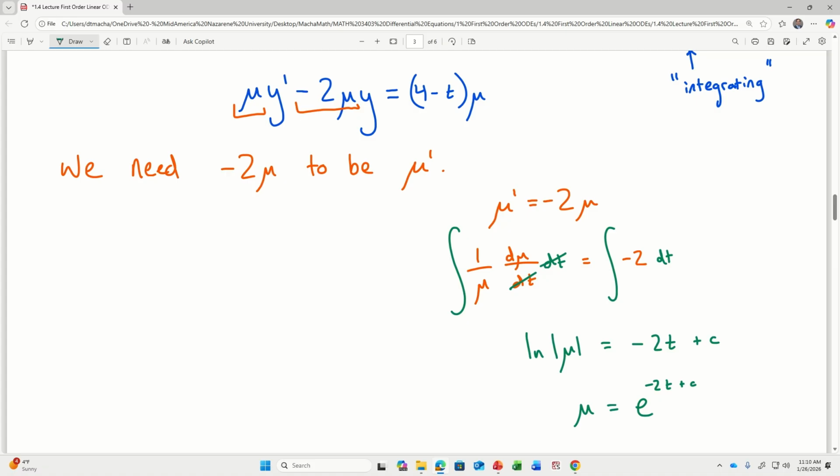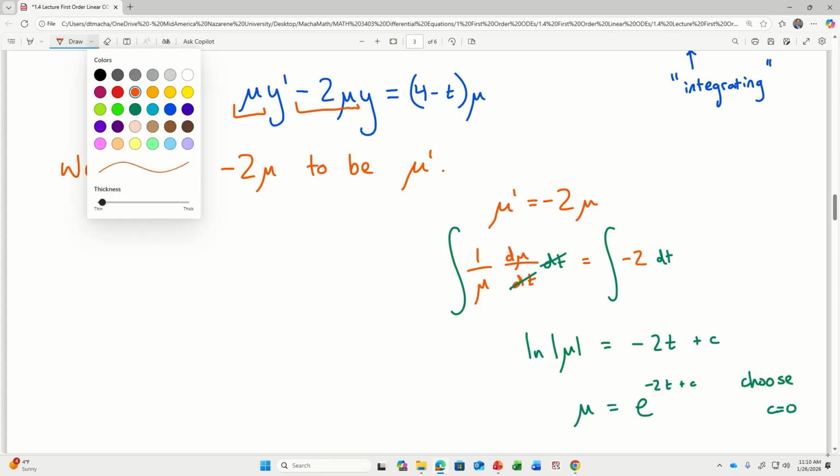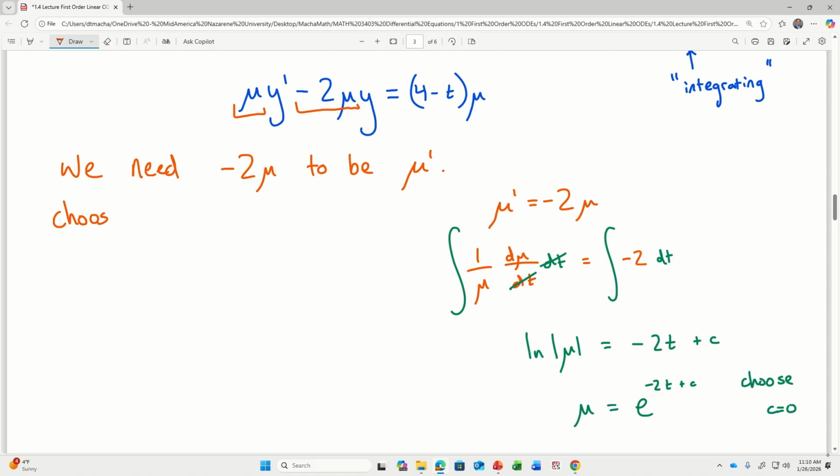It doesn't have anything to do with our original differential equation. C can be whatever we want, and in that case, we just choose c equals 0 to make it nice and easy. And so all said and done, we choose mu equals e to the negative 2t.